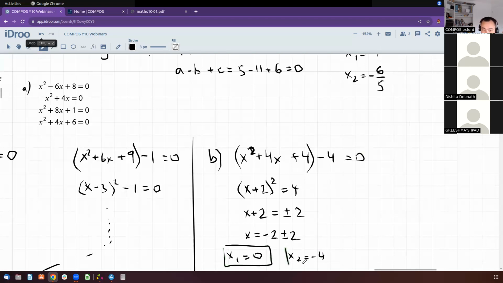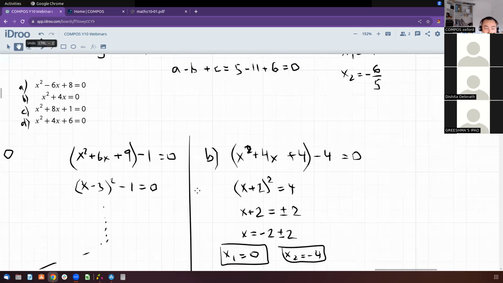This is the solution. Now, C and D, so this is B, this is C, and this is D. C and D, I'm going to use the formula.